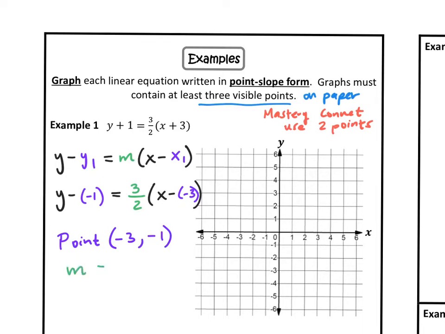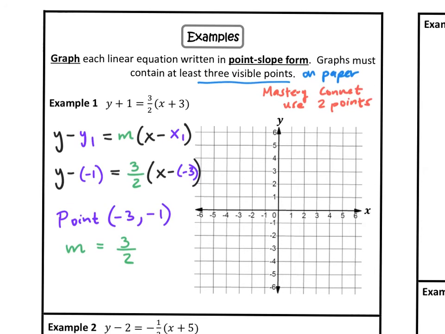Our slope m is 3 over 2. Okay. So the way I like to think of it is, if the equation is in this form, we're going to take the opposite values next to the y and next to the x, and those two values are going to be my x1 and my y1.